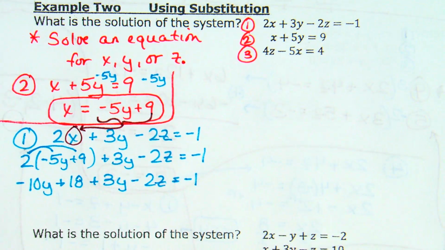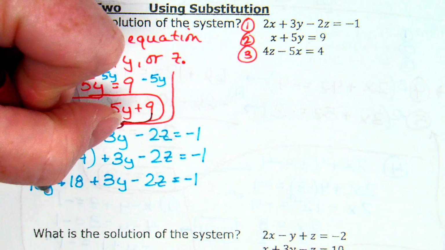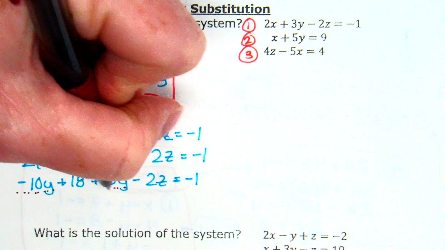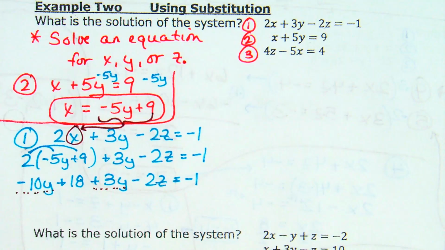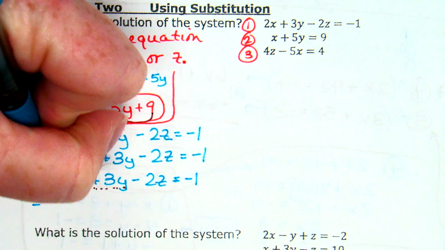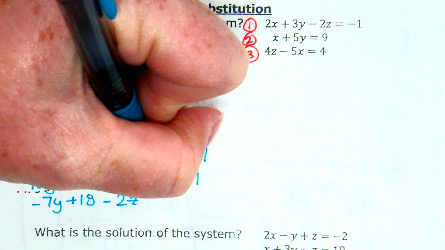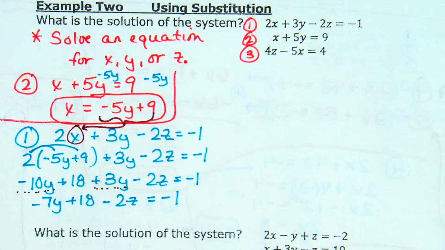You can either move over the 18 or you can combine like terms. Both steps need to be done. Let's go ahead and combine like terms first. That negative 10y goes with 3y. Negative 10y plus 3y is negative 7y. I still have my plus 18. I still have my minus 2z equaling negative 1.